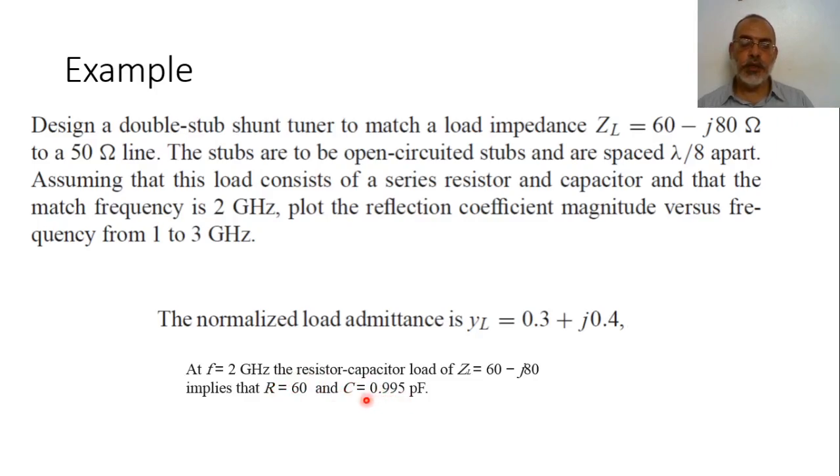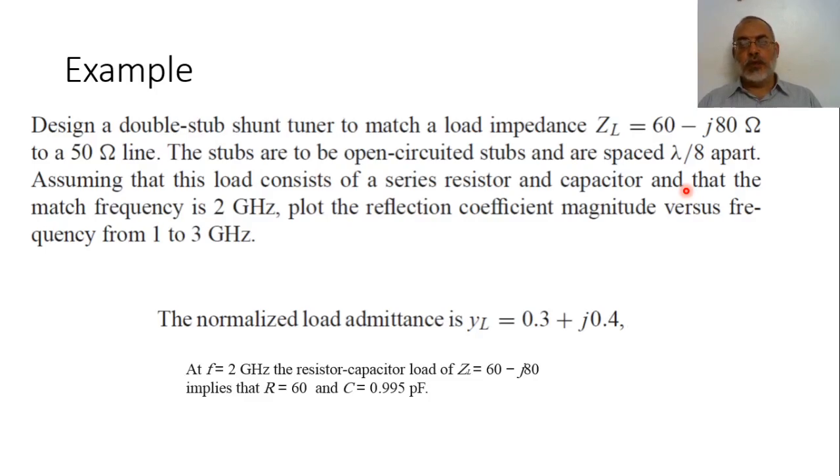Actually, the capacitance is calculated as 1 over omega times 80, because 80 here, which is a reactive part, equals 1 over omega C. So the value of C is 1 over omega times 80.